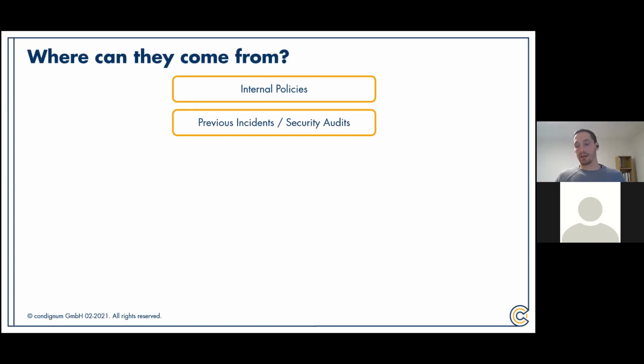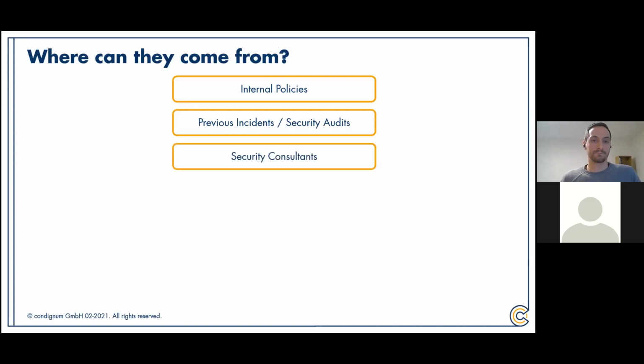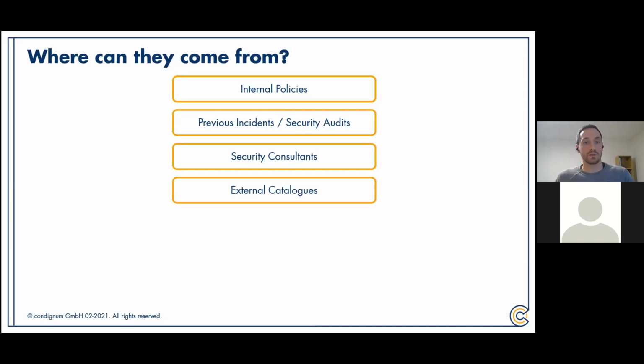So you can have a look at those reports and learn from the mistakes from the past and derive appropriate requirements from them. We can, of course, hire some external security consultants who just tell us what we need to do. And we can also use external requirements catalogs, for example, from the OWASP project or from the Center for Information Security or things like that.